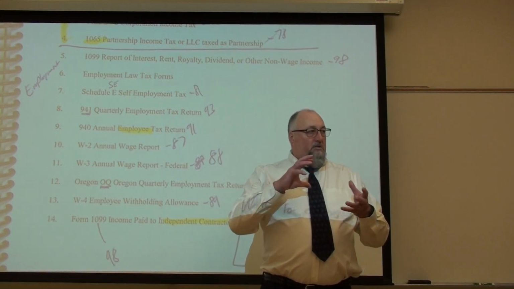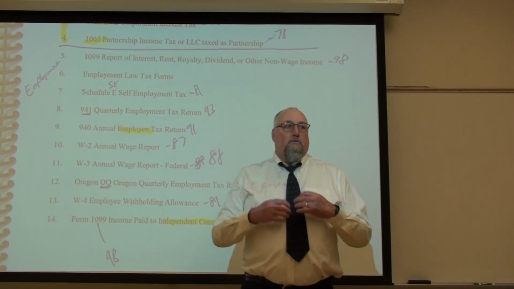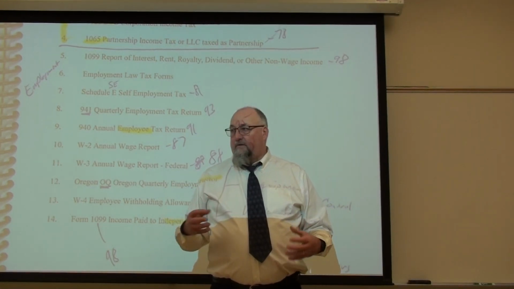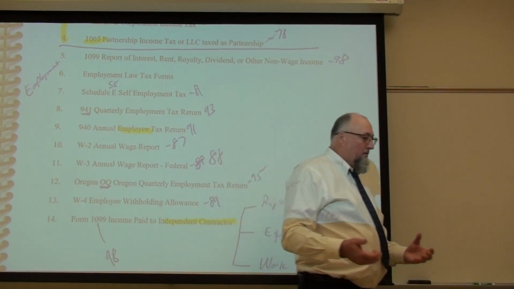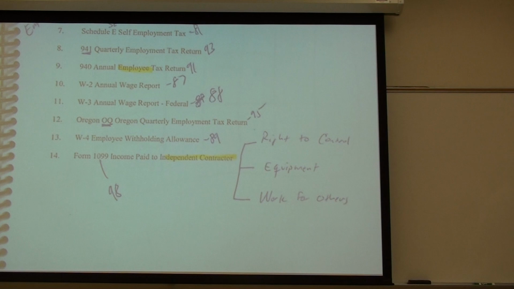So these forms are based upon payroll, payments that are made in some respect for work that has been done, or if you're self-employed. So first of all, I want to talk about the concept of what is employment.